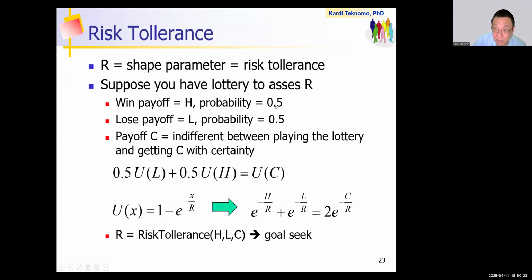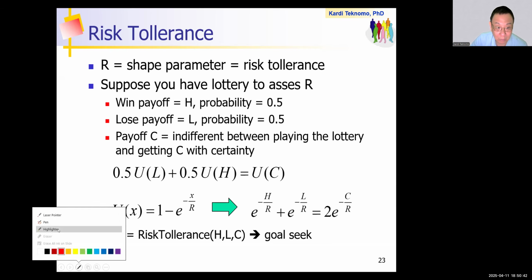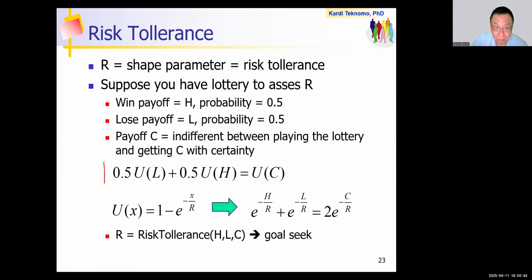In here we set 50%, 50%. And then how much is the payoff that you play with certainty? So we compute that using the actual formula.